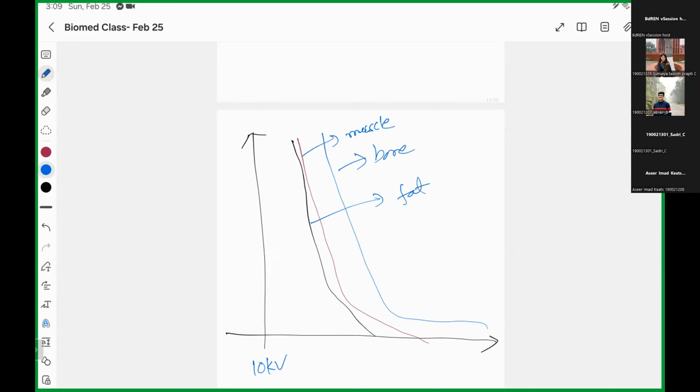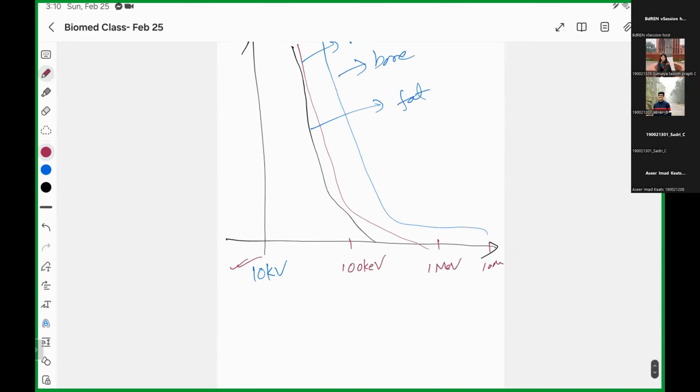Okay, so you see, when you have this 10 kilo electron volt, which is the energy of the photon, will it be able to penetrate the muscle or bone? No, sir. It will not, right? So the energy ranges from 10 kilo electron volt, to 1 mega electron volt, then 10 mega.